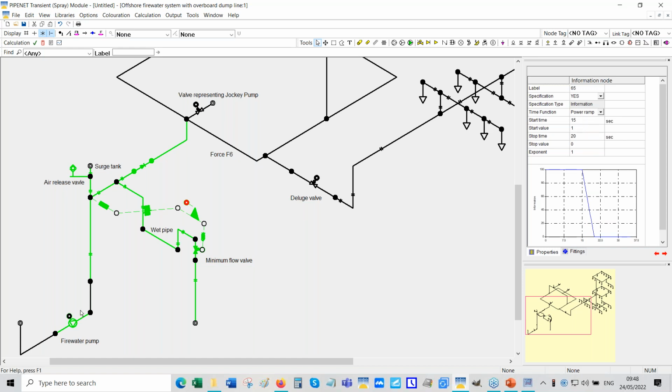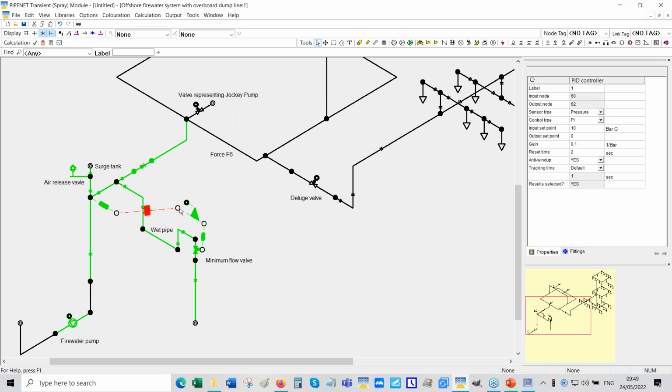So 15, because that'll give enough time for this pipe to have primed. Okay, that's the philosophy. And because it's a minimum flow line, there is also a control system which can then have an influence on the position of that valve.